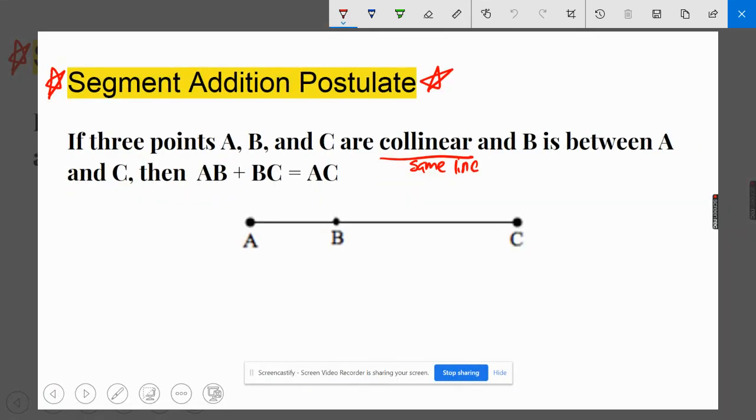So I like to color code this. AB is this segment here, plus BC is the next part of the segment. Together makes all of segment AC. Think of it as a railroad track. If you have one piece of rail that you lay down, right?